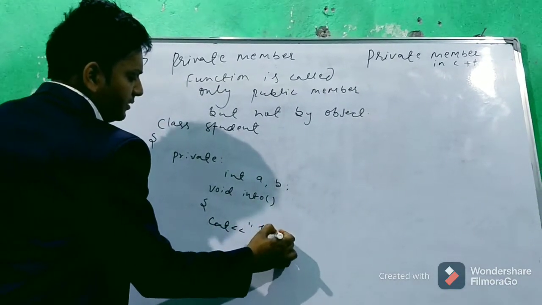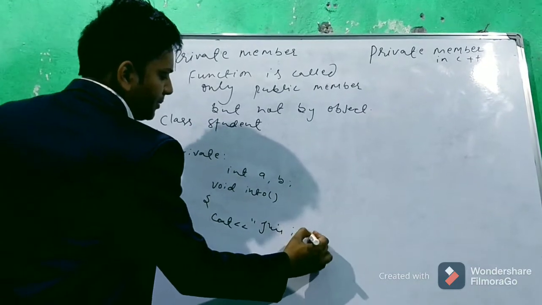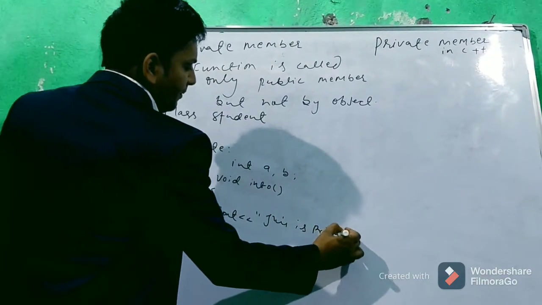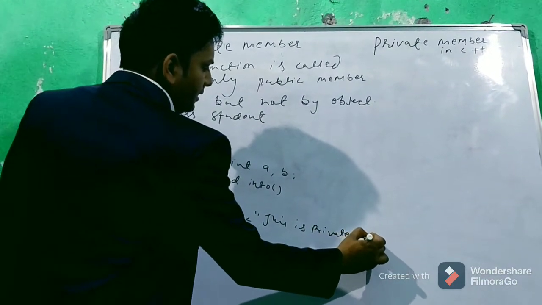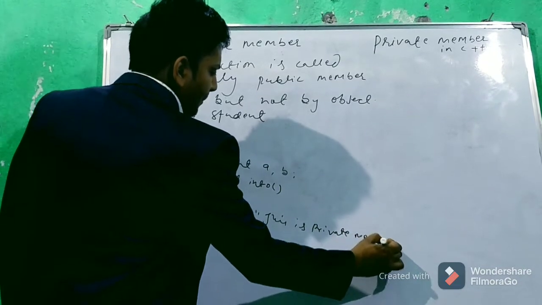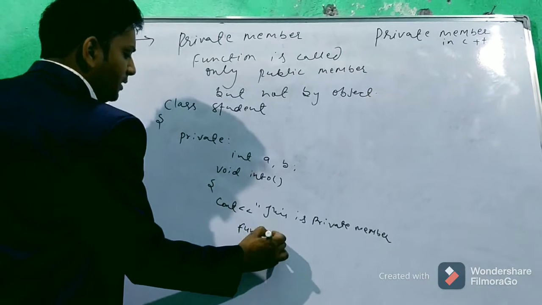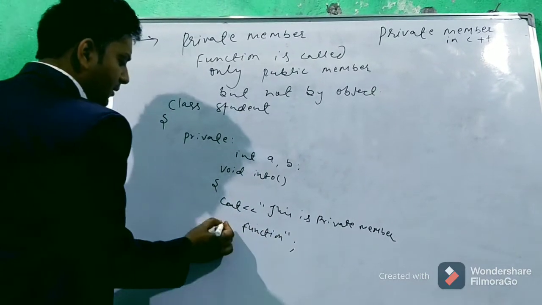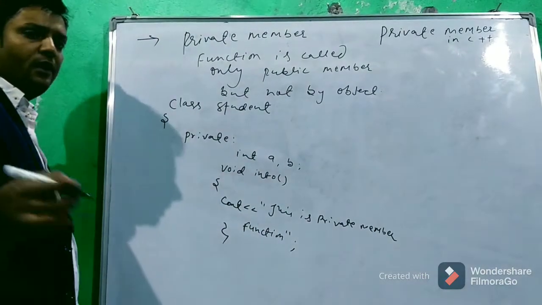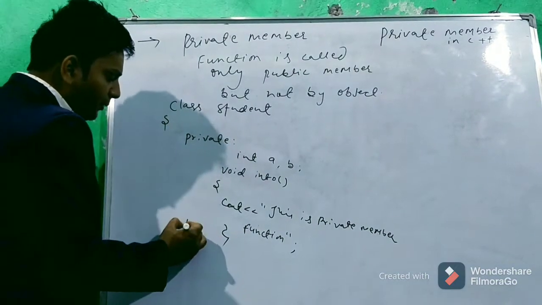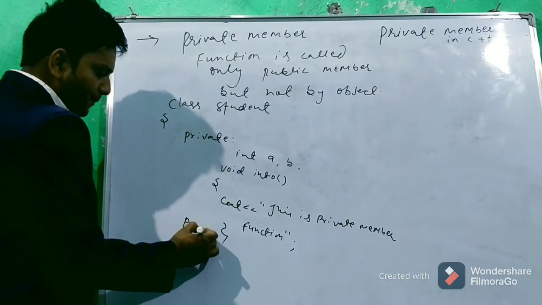This is a private member function. If you want a public member function, then you have to define the public specifier.